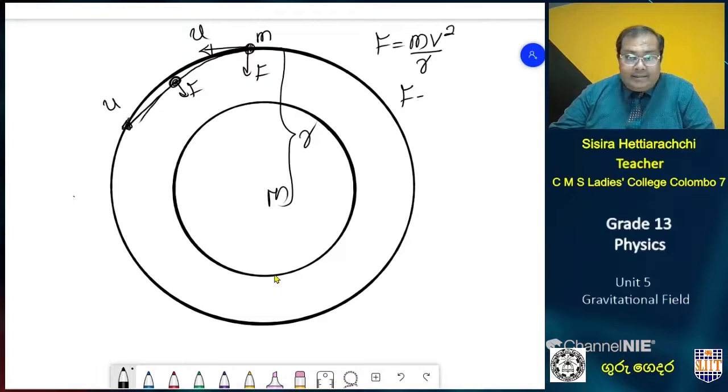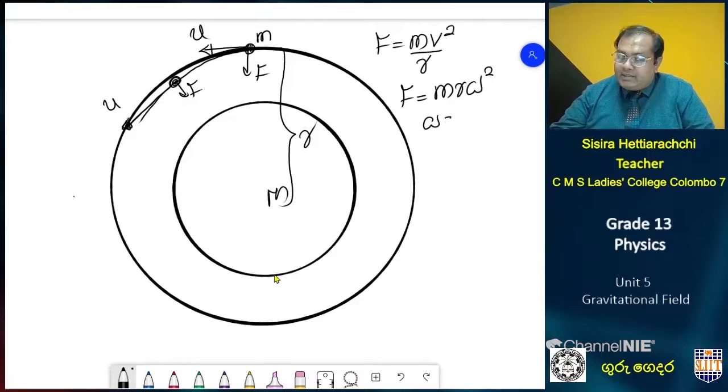And we have another equation, m r omega squared, v the tangential velocity, r the radius of the circular path, m the corresponding mass. In the second equation, you can see m mass, r radius, omega angular velocity.